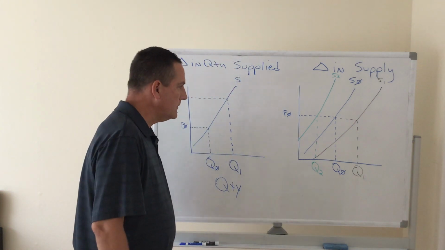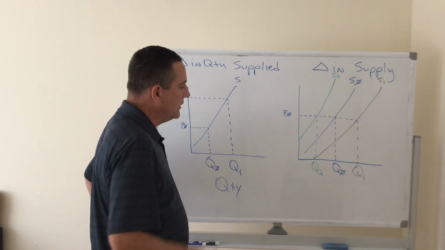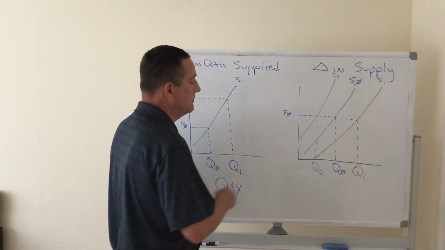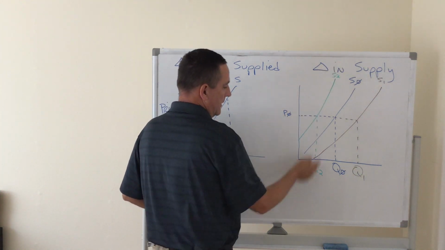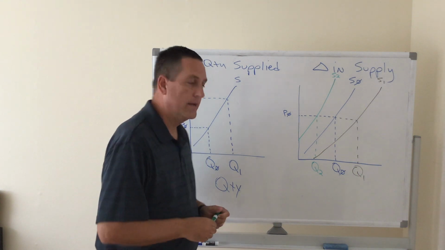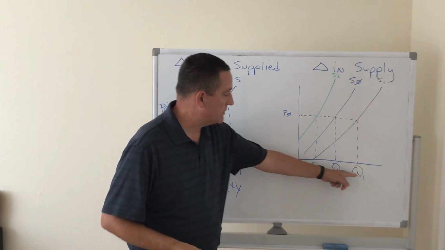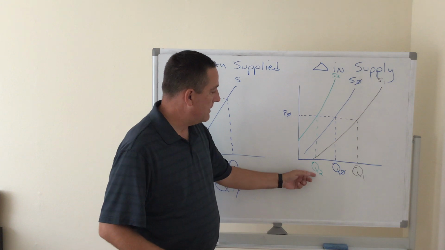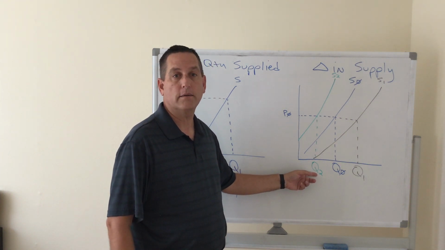What about Q2? What do you think S2 and ultimately Q2 represent? If this is you now and this is you after football season, maybe this is you during finals week.